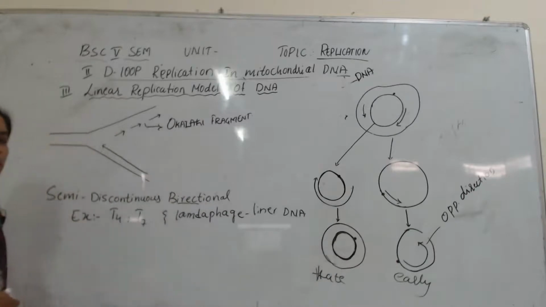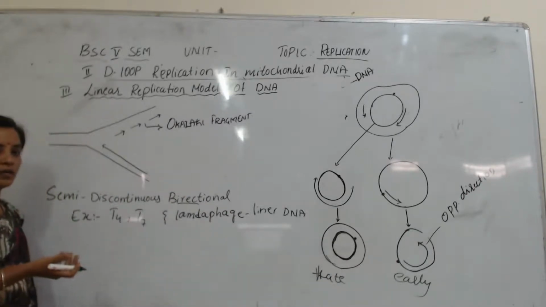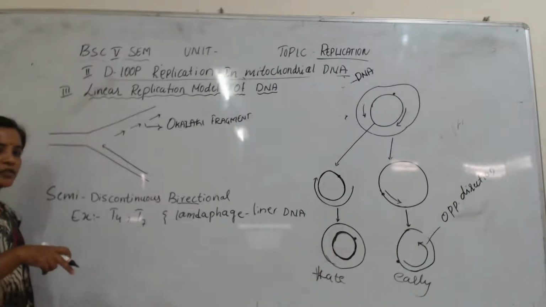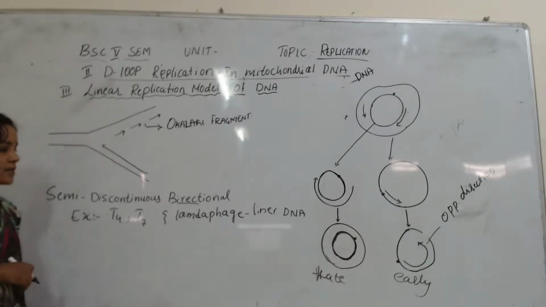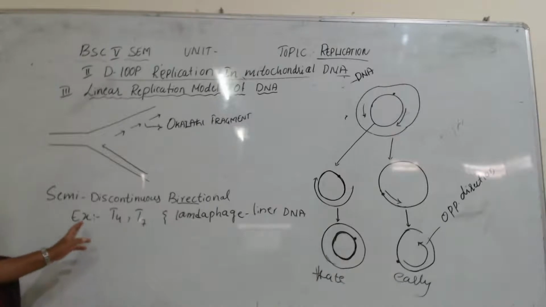Linear is nothing but not circular. Linear DNA is having the single strand. Two types we have, circular twisted and linear. Particularly, we can see it in the lambda phage, then T4, T7.